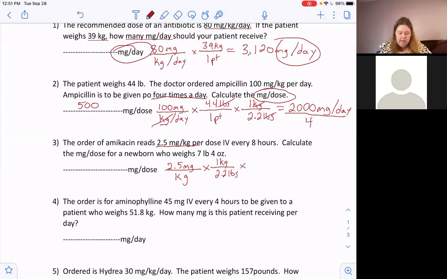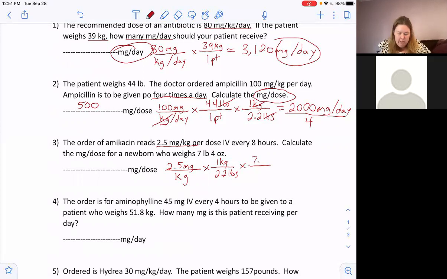And then, so 7 pounds, 4 ounces is, there's 16 ounces in a pound. So that would be 0.25, right? Why am I blanking on it? Yeah, that's 0.25.